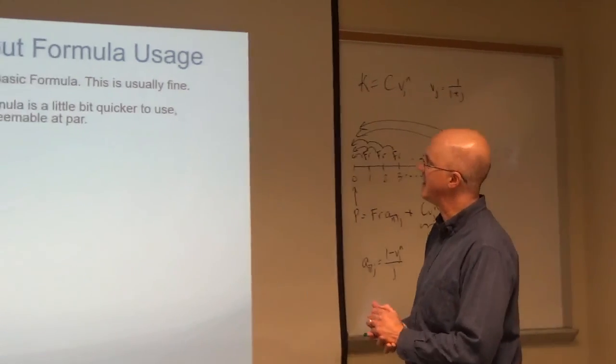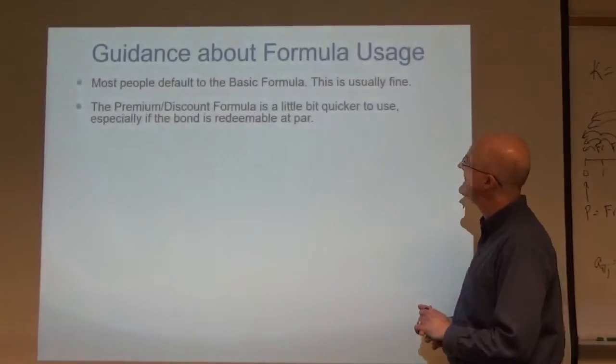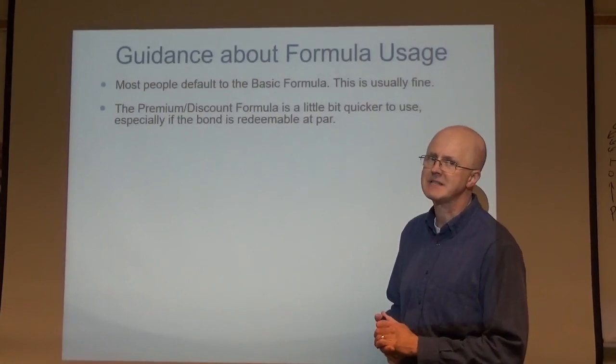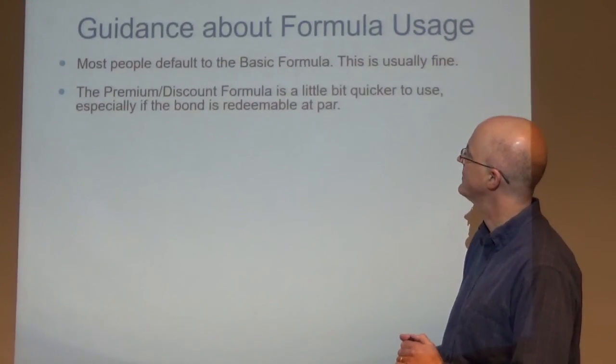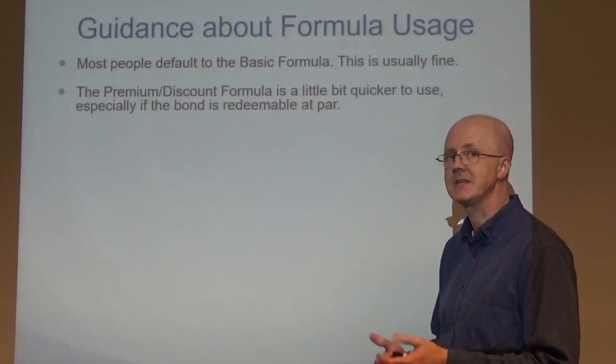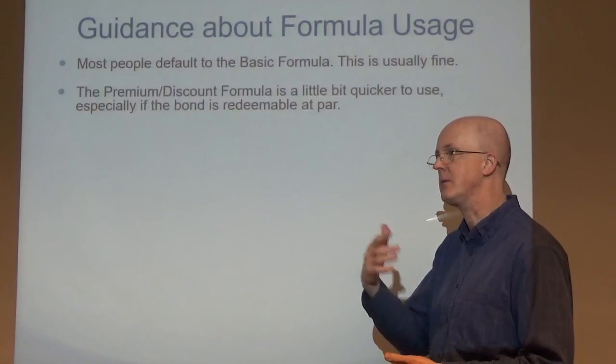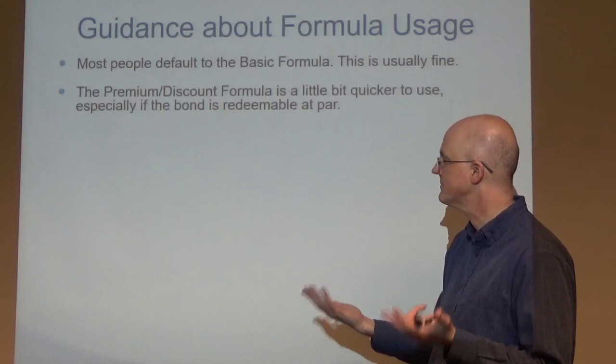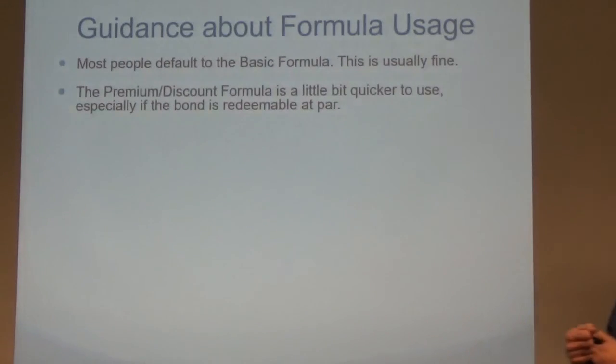The premium discount formula is a little bit quicker to use than the basic formula, especially if the bond is redeemable at par, especially if C, the redemption value, equals F, the par value, face value. Again, because it doesn't have V to the N in it.